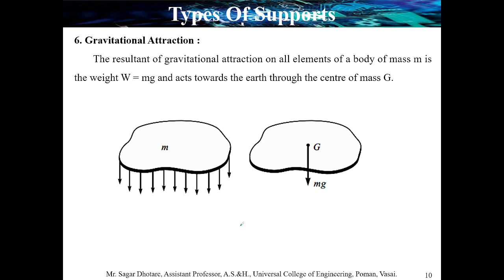Because of that, the whole mass of the body is considered as a weight, which we denote as W. Gravitational attraction occurs with an object or body which has a mass. If the mass is negligible, in this case we neglect the gravitational attraction.